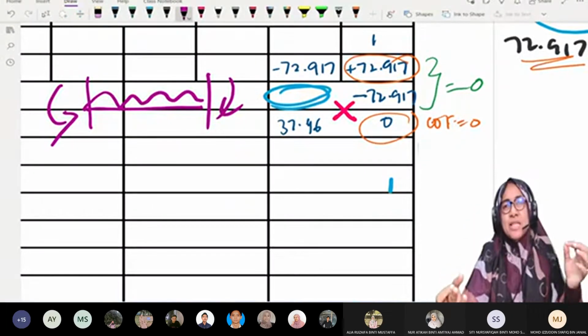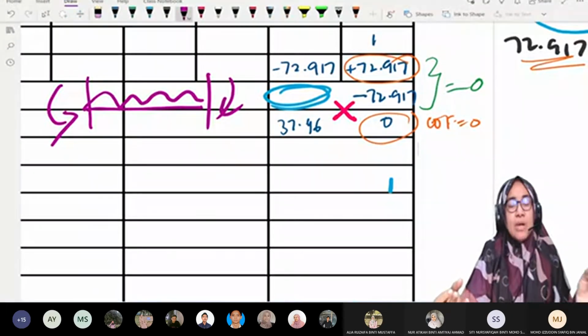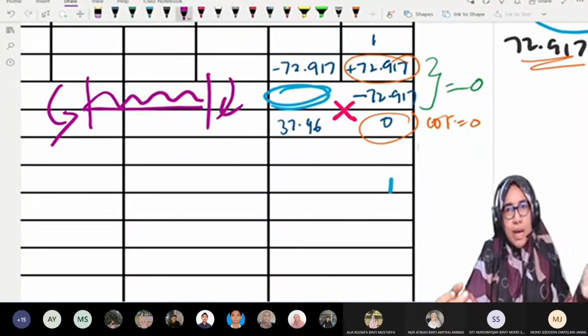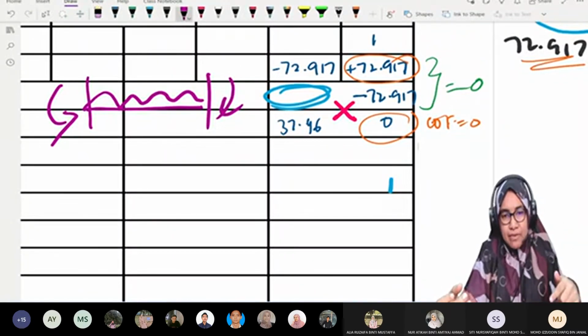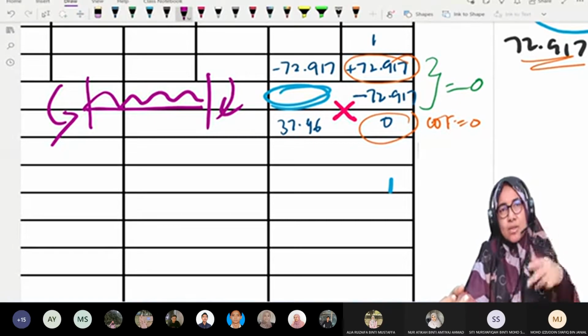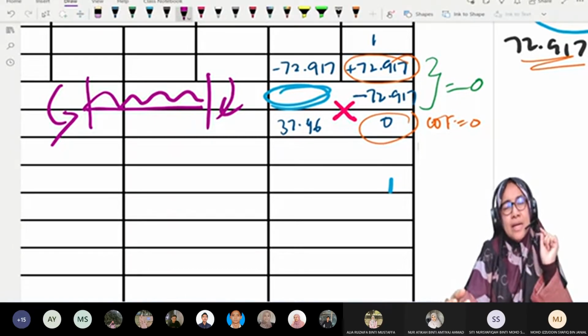Before this factor 0, that's why value dia 0 kan. Okay, now factor dia 1, you kena kali dengan 1. Bila kali dengan 1 dapat negatif kan. So bila totalkan positive 72 and negative 72 dah dapat 0. So 0 tu is the total moment at D, sebab D tu pin, sebab D tu roller, equivalent to 0.